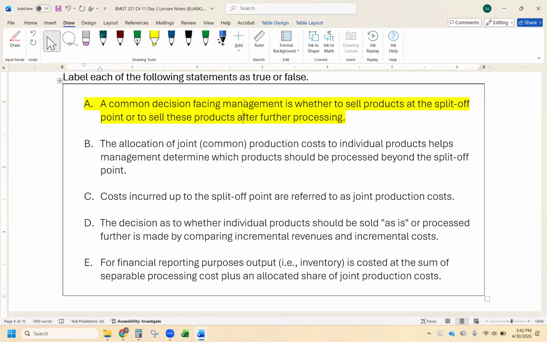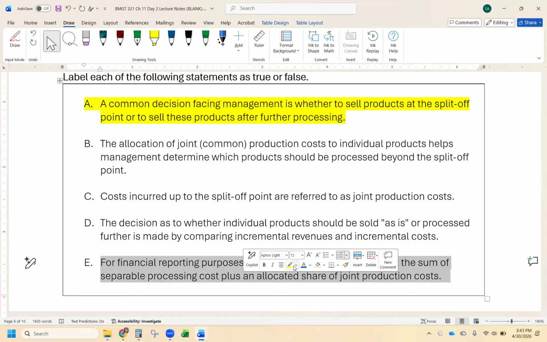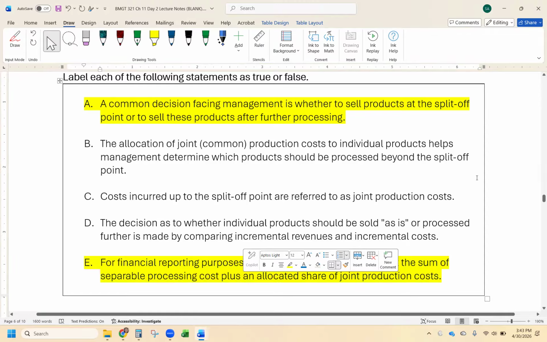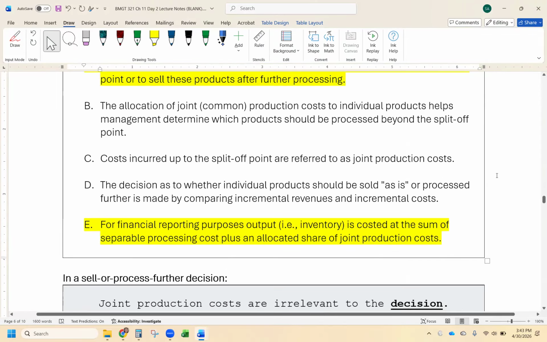Okay, so let's skip to E. For financial reporting purposes, inventory is costed at the sum of separable processing costs plus the joint production costs. True or false? Thumbs up, thumbs down. I see thumbs up. Yes, that one is true. So B and E go together and they're very similar with one tiny difference.